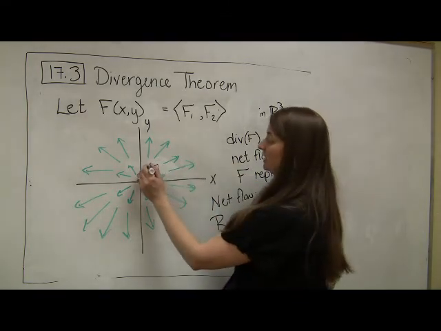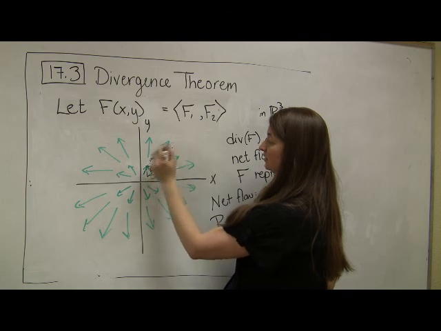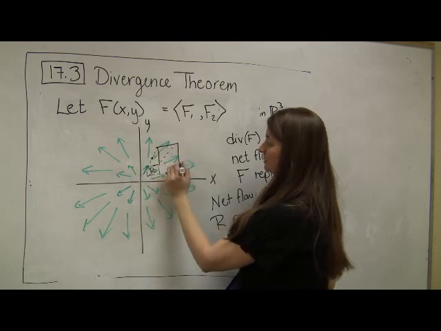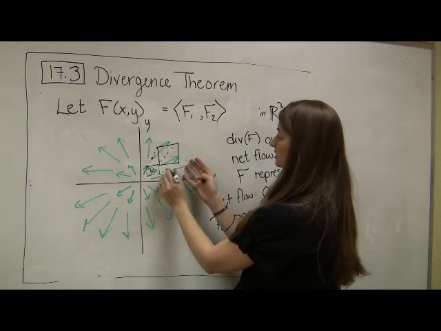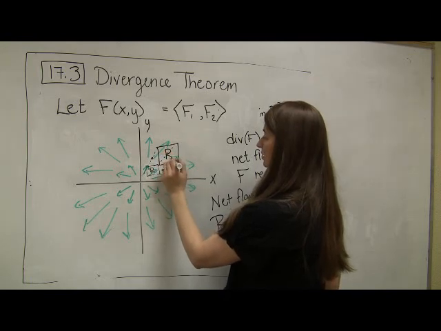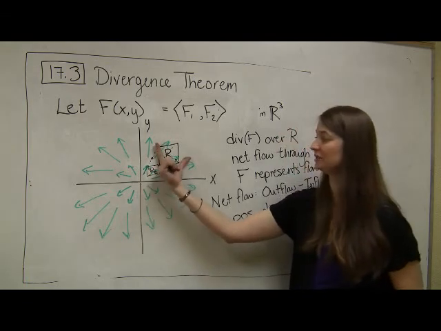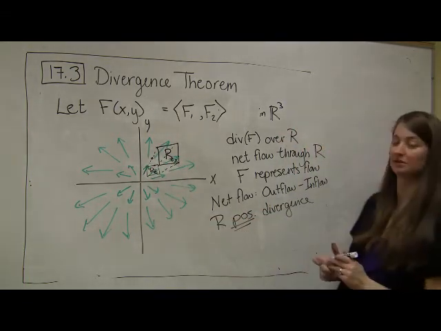We would see that if I followed the paths of these vectors, my region R would expand, right? Following this vector field, these vectors are going outwards. And so this would be like R at time 2, if this is R at time 1. And this expansion exactly correlates with positive divergence.